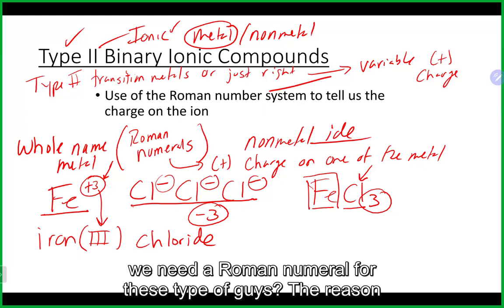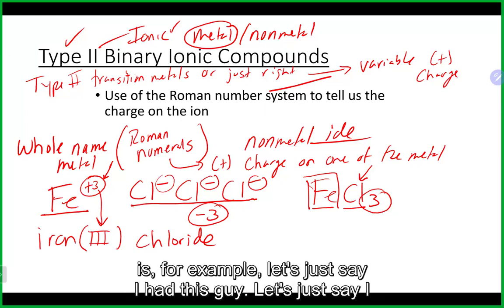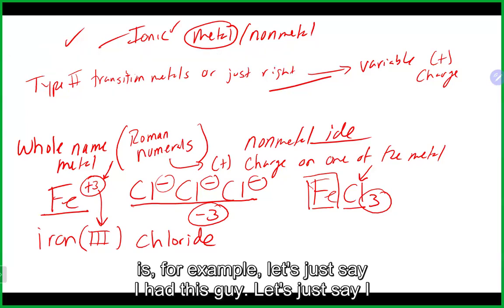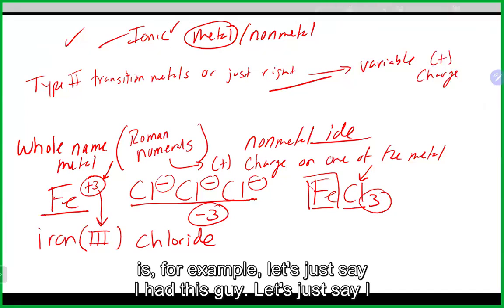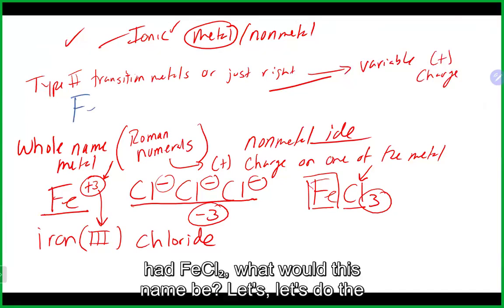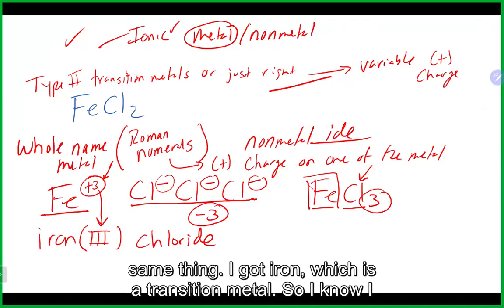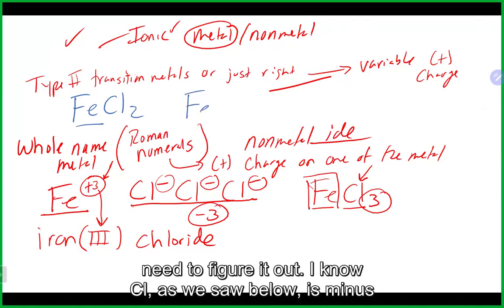Why do we need a Roman numeral for these type of guys? The reason is, for example, let's just say I had FeCl2. What would this name be? Let's do the same thing. I got iron, which is a transition metal, so I know I need to figure it out.